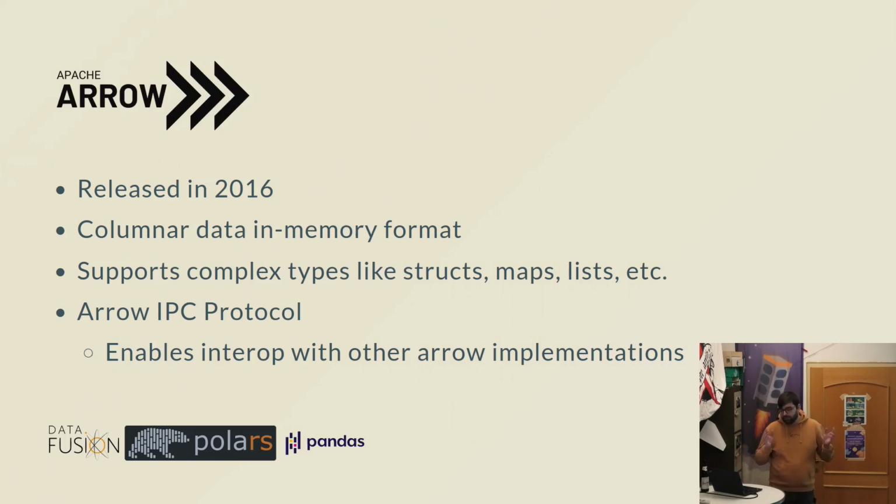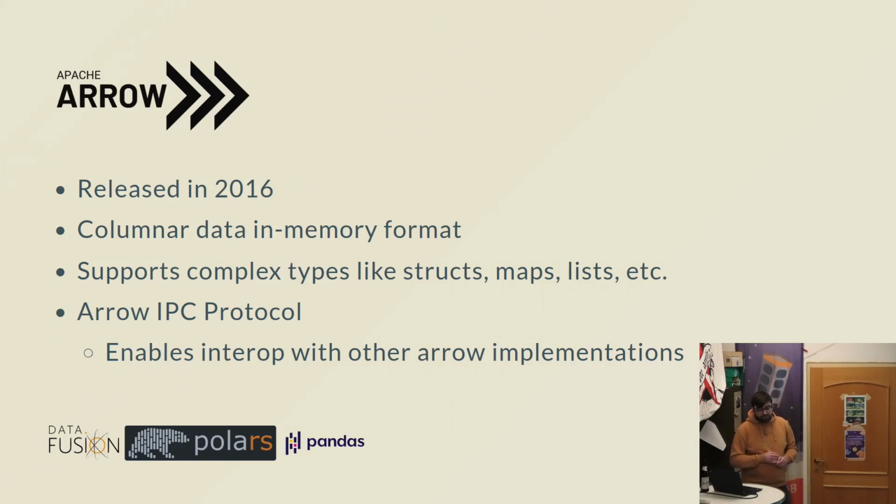It supports all kinds of types, from very primitive types to very complex types like structs, maps, and lists. It is widely used in the data engineering ecosystem, by tools like Polars, Pandas, and DataFusion. There are other things that use Apache Arrow too.